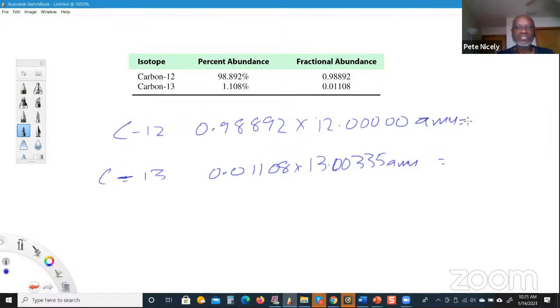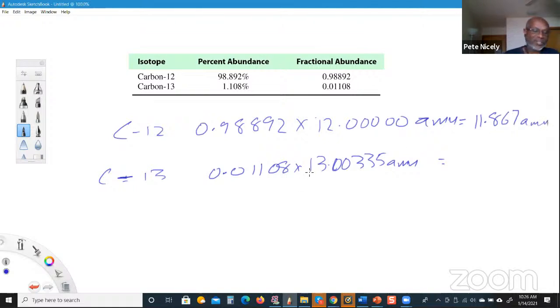So let me take my cheap but trusty calculator out and work this out. 0.98892 times 12.00000 equals, okay, so according to my calculation, I have to round this off to 5 sig figs. So this works out to be 11.867 AMU.